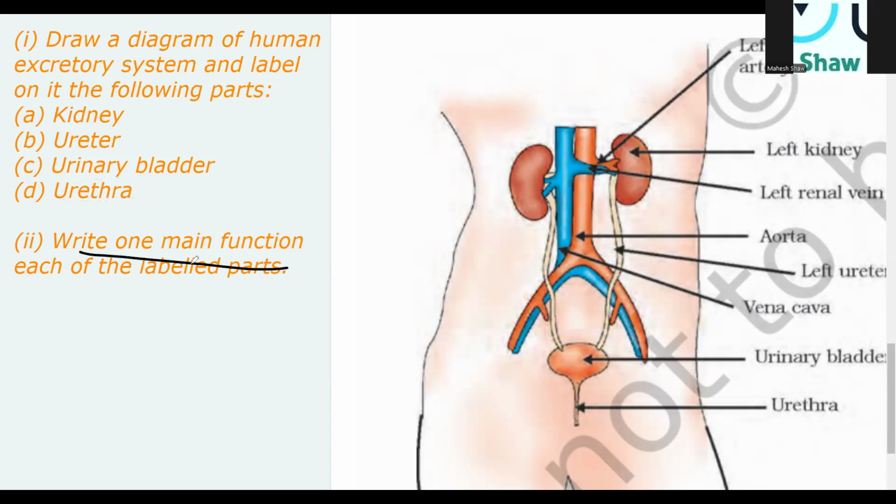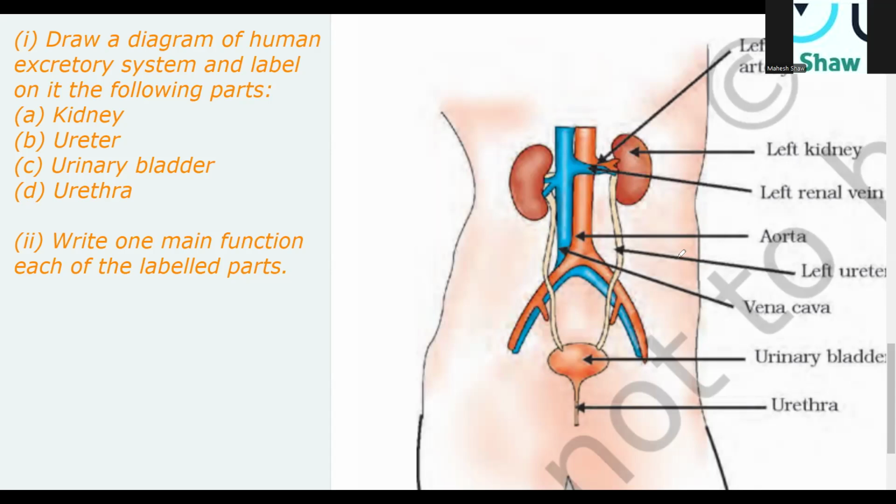Now we have to write down the main function of each part. Let's begin with the first, the kidney. The role of the kidney is to filter the blood and form urine. Now these two ducts, as I said, are the ureters. The singular is ureter and the plural is ureters.